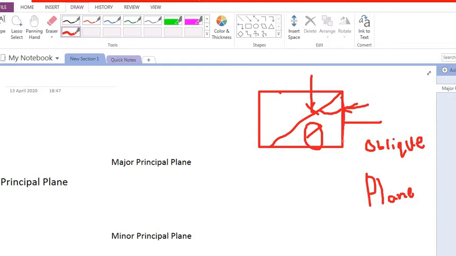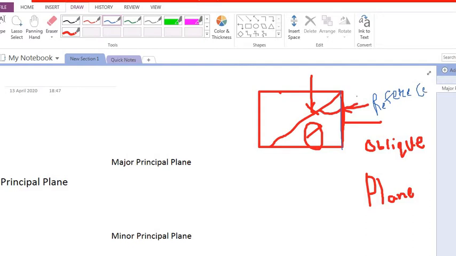I am considering this vertical plane as the reference plane. I am feeling a little bit of difficulty here, but you understand this.